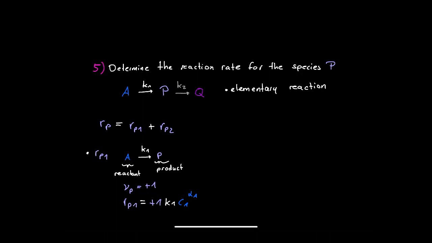Hence, we can assume that alpha A is going to be equal to the absolute value of the stoichiometric coefficient of the species A, which is -1, and the absolute value of it is 1. This will lead to Rp1 resulting in positive 1 times K1 times Ca elevated alpha A, which is 1.